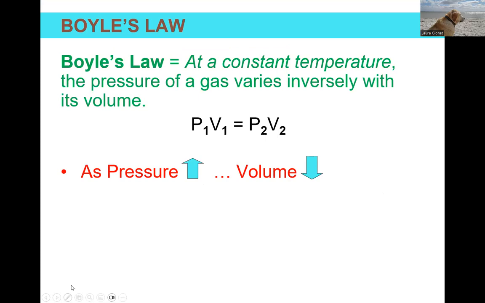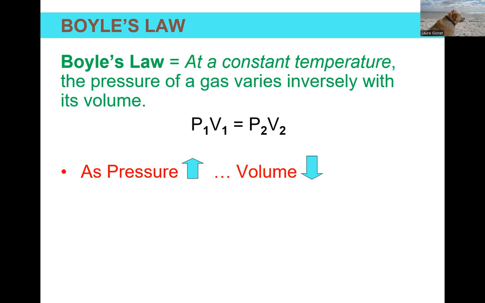So Boyle's law says that at a constant temperature, the pressure of a gas varies inversely with its volume. What does that mean? It means as one goes up, the other goes down. That's all. For those of you who are chemistry people that use the formula PV equals nRT, it's the same thing, because n and R are constants in there, and it has to do with the moles and how much gas you have.